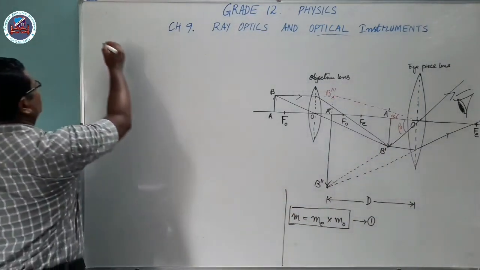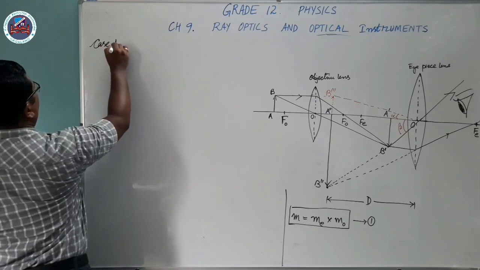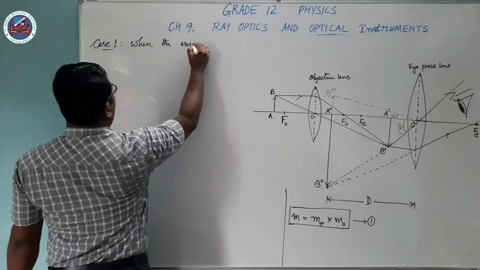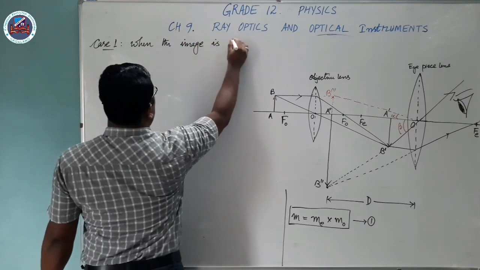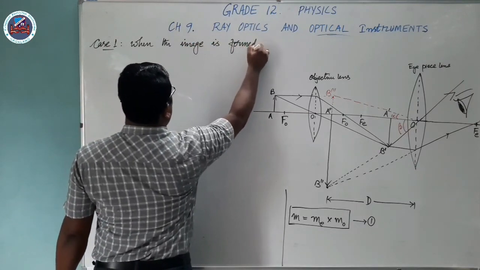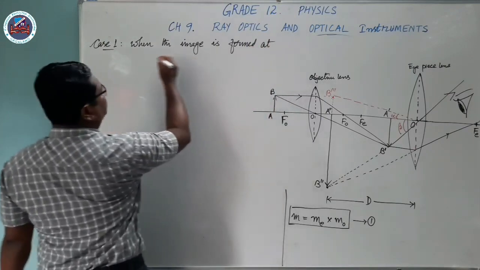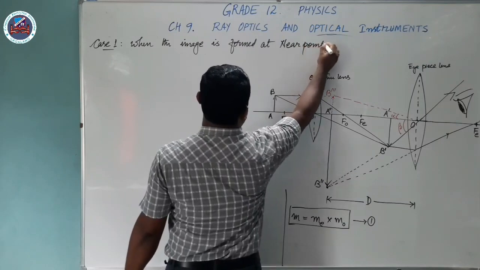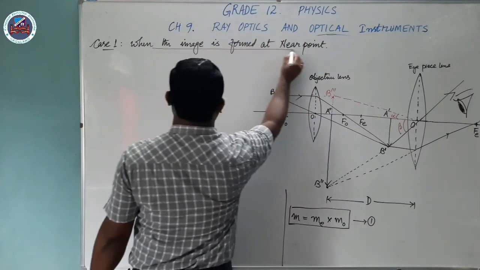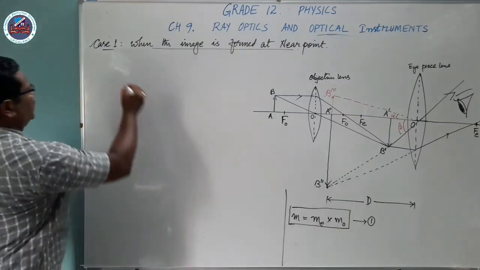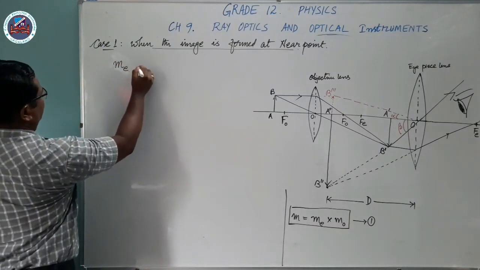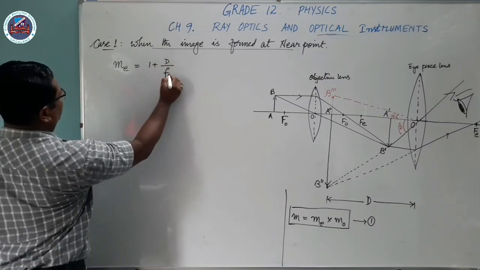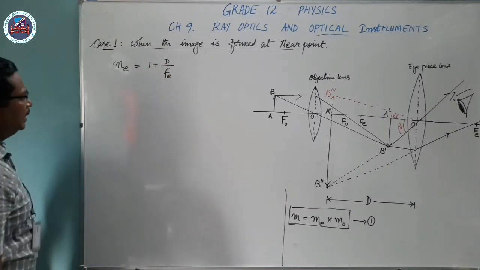So case 1, when the image is formed at the near point, that is at the least distance of distinct vision, the magnification produced by the eyepiece lens ME is equal to 1 plus D by F, but here the focal length will be the focal length of the eyepiece.